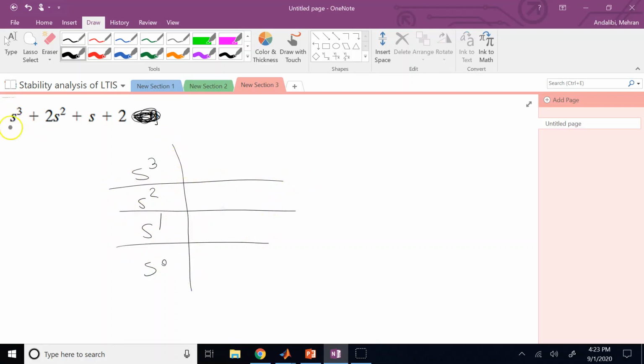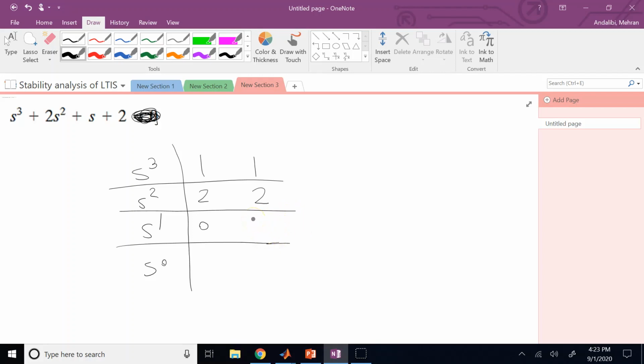Start with coefficients, so it is going to be 1 and 1, and then 2 and 2. If I calculate this number, it is going to be 2 times 1 minus 2 times 1 divided by 2, so it's 0. Right off the bat, 0.